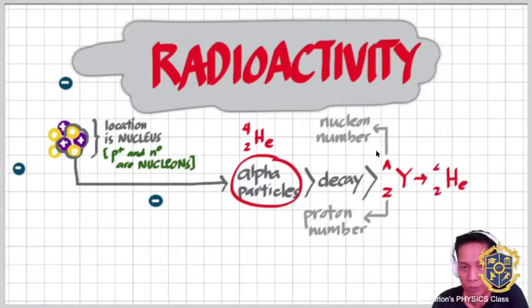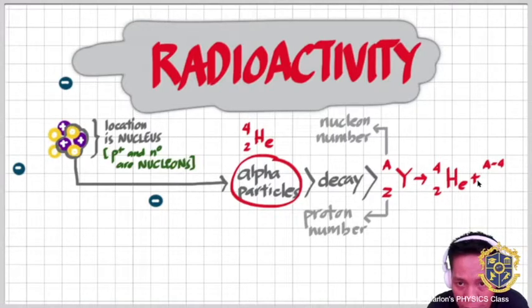Therefore, the resulting atom is going to be whatever the original nucleon number is minus 4, and whatever the original atomic or proton number is minus 2, because these 4 and 2 went to the alpha particle already.